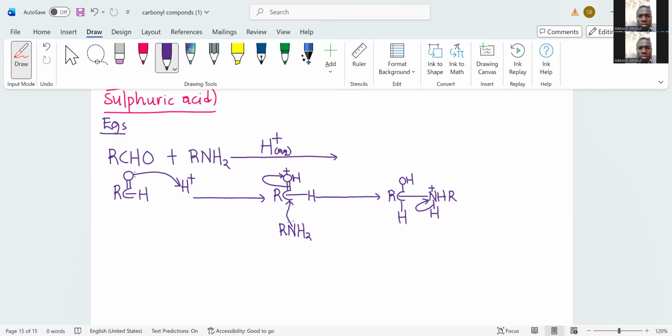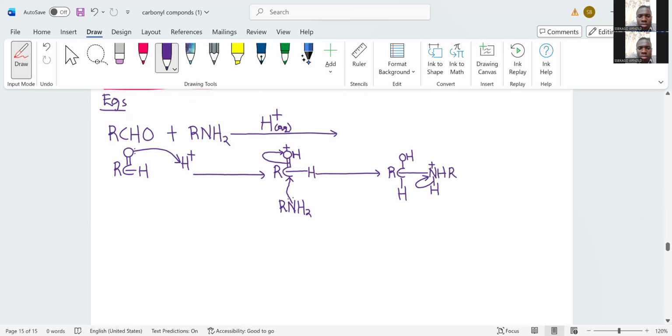Now I'm taking all those electrons and I'm donating them to nitrogen, meaning that that hydrogen is going to become electron deficient. So it has to shift where we have electrons, and where we have electrons is where we have that oxygen. This oxygen here has lone pairs of electrons. So those lone pairs of electrons are donated to that hydrogen. So the hydrogen shifts to that oxygen.